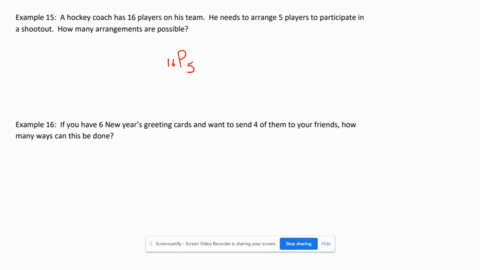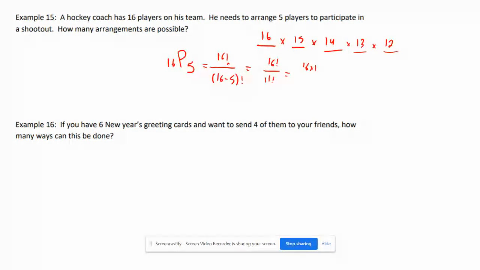So 16 pick 5. Okay, so just again, what this calculation is giving us is this calculation here. Just confirming that this formula would give us this. This would be 16 factorial over 16 minus 5 factorial, which is 16 factorial over 11 factorial, which is 16 times 15 times 14 times 13 times 12 times 11.